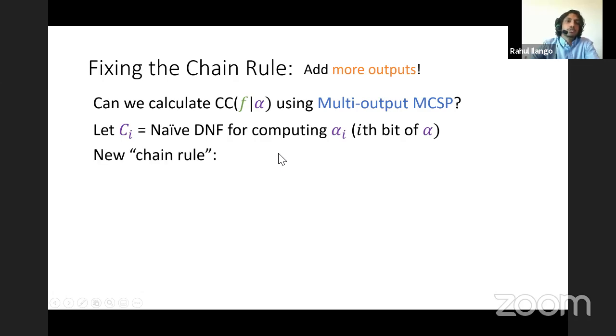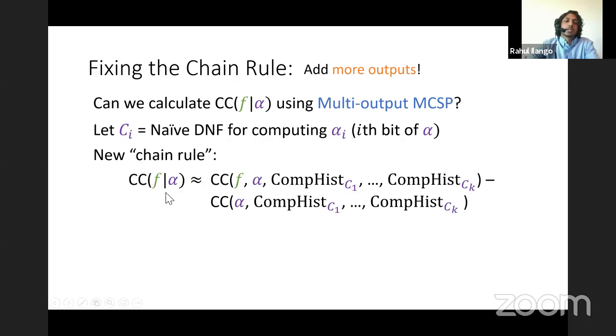And now we hope for this new chain rule, which says that the relative complexity of F given alpha is the complexity of computing F along with alpha, along with all the computational history in some specific way for computing each of the bits of alpha, minus the same quantity without F. So what's the difference between computing all of these things with F and without F?